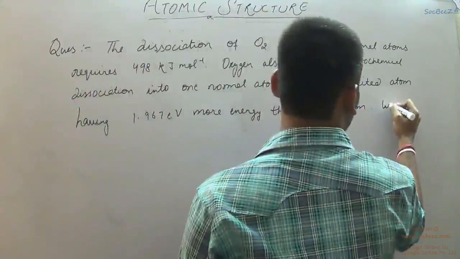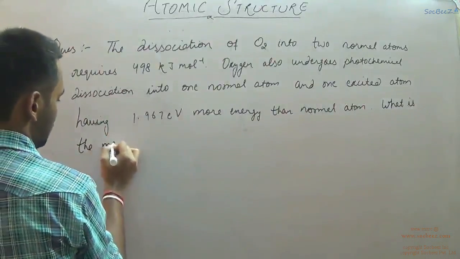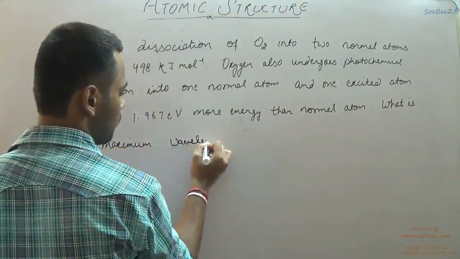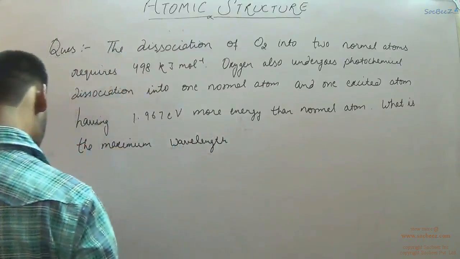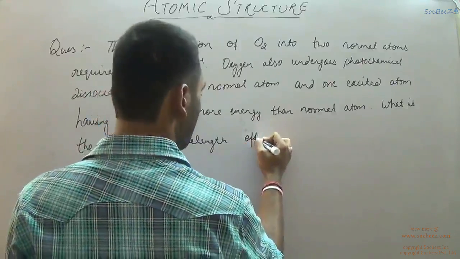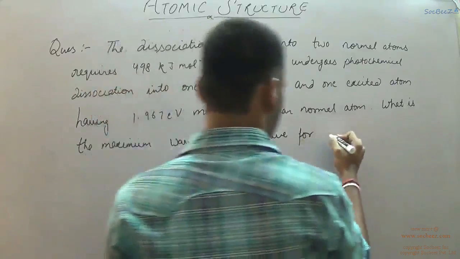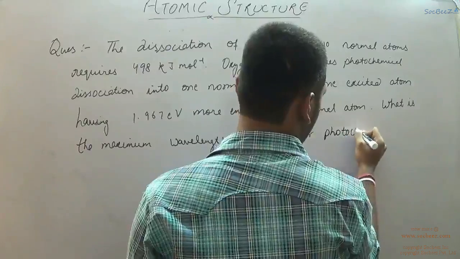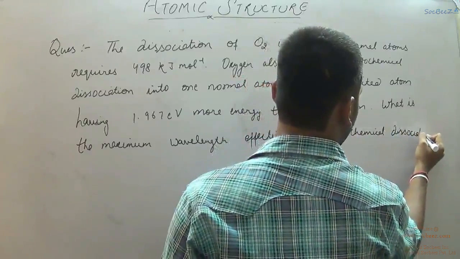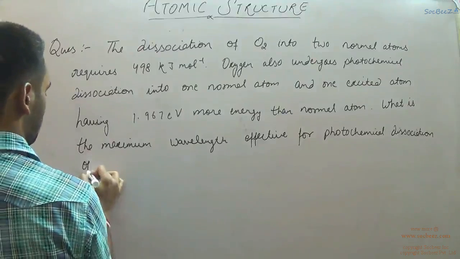What is the maximum wavelength effective for photochemical dissociation of O2?